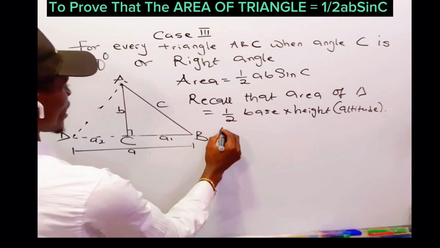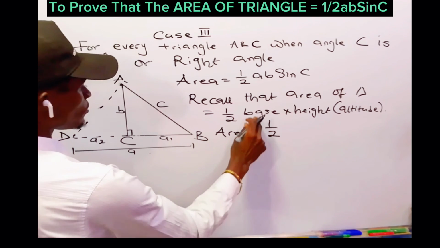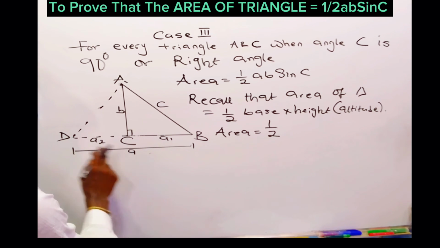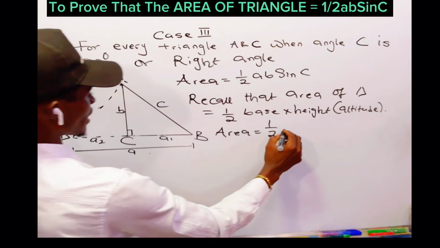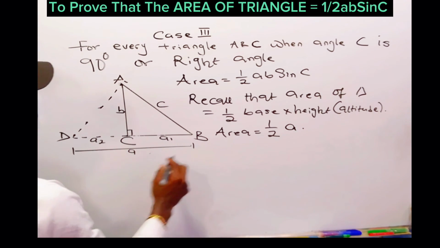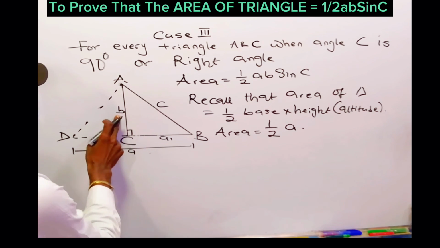Hence, our area will now be half base. What's our base? Our base is A, which is DB. We have it as A times our height. What's our height? Which is AC and is B.